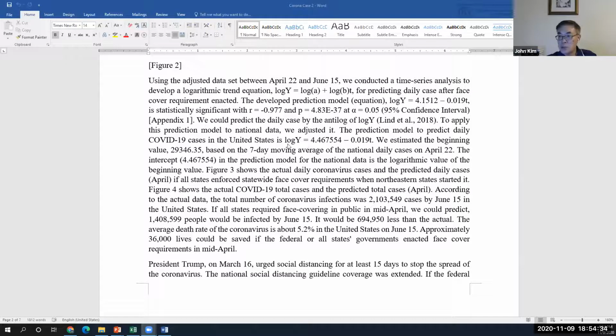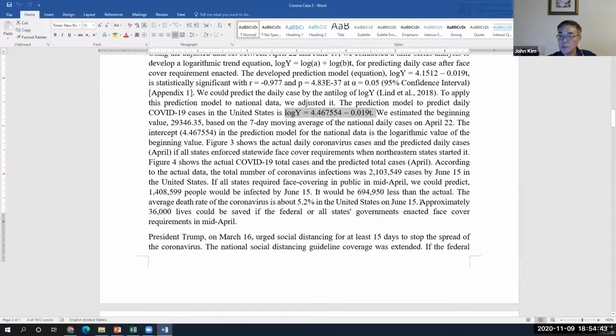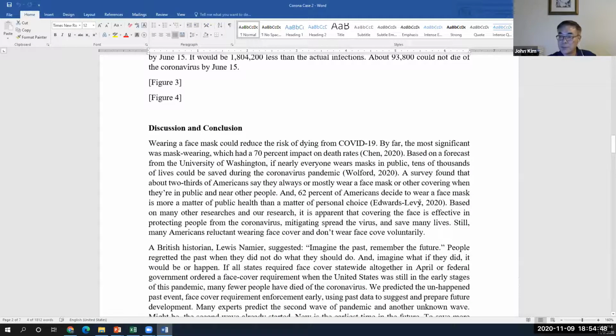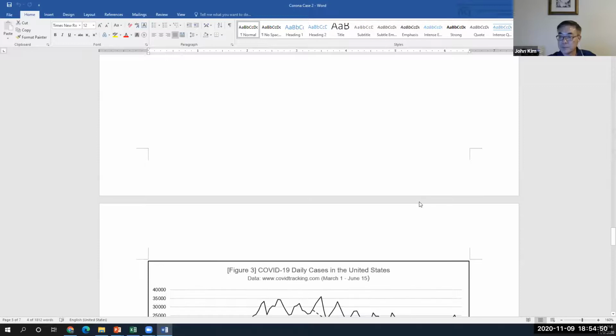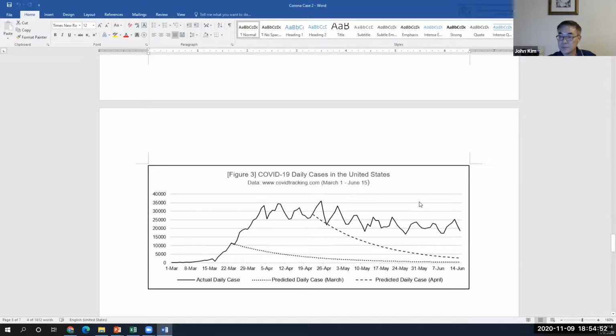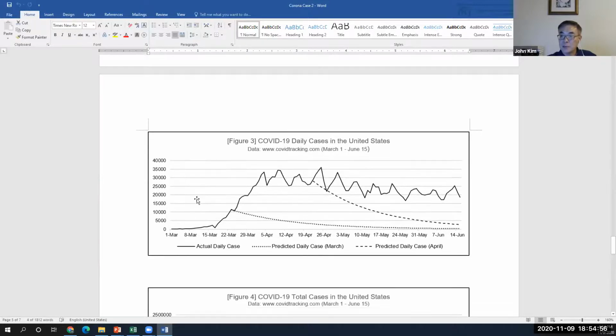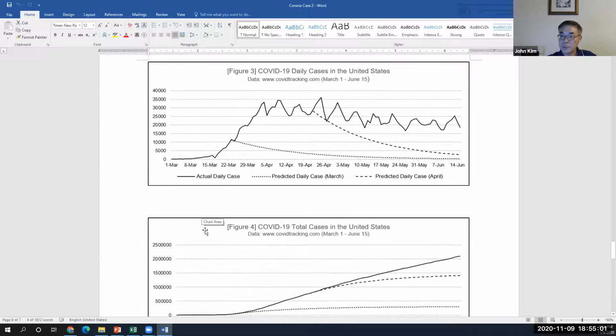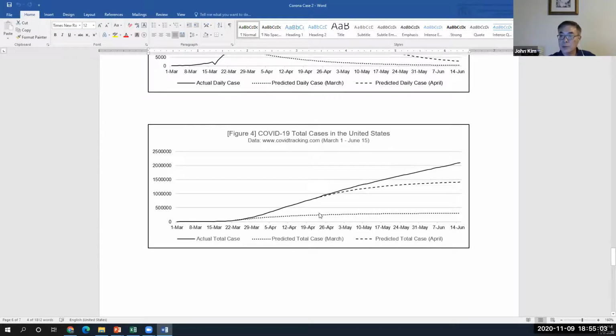I used regression analysis, but a little bit different, using log linear, because from the data set we used the daily data and the total data.